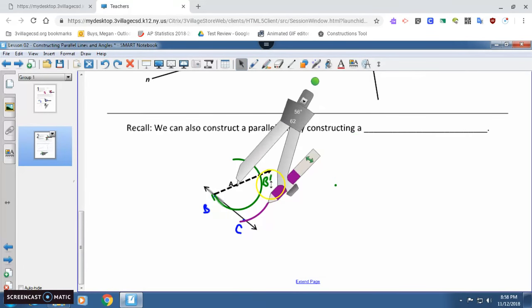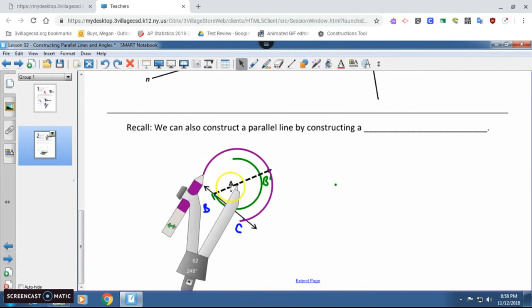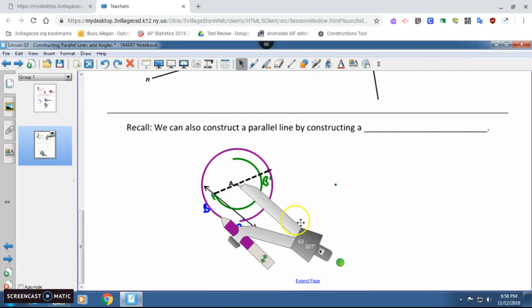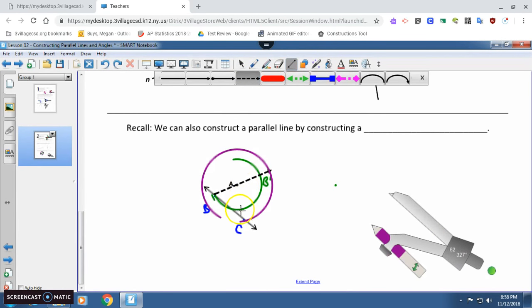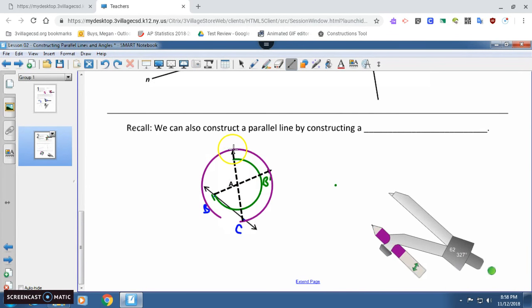And we go in the counterclockwise direction. I'm going to connect from C through A to the purple arc, the second one we did, because that's the one where C is moving to. And we'll label that as C prime.